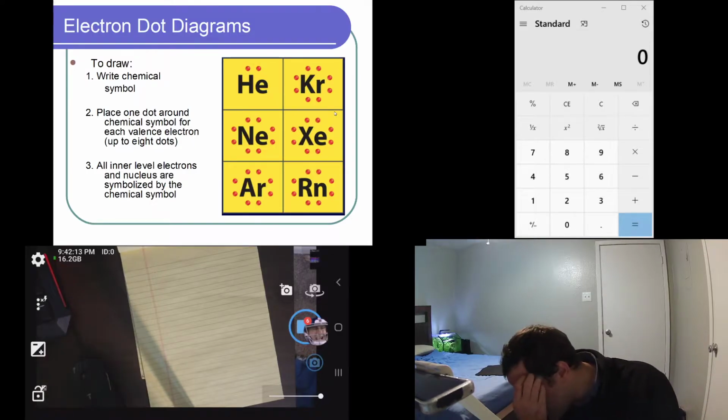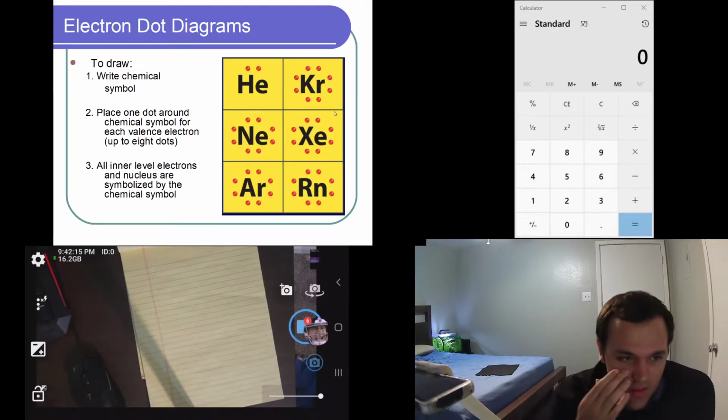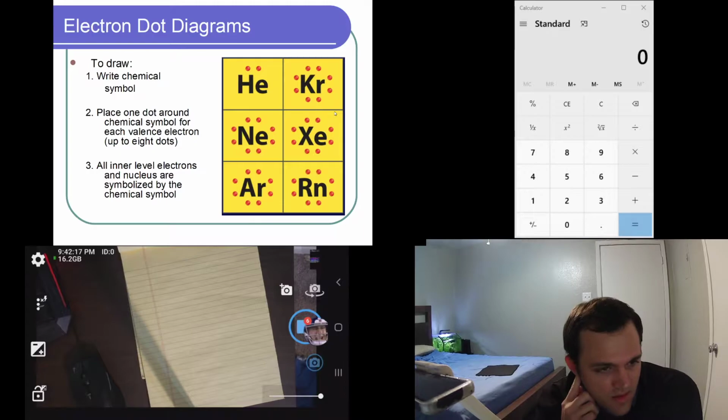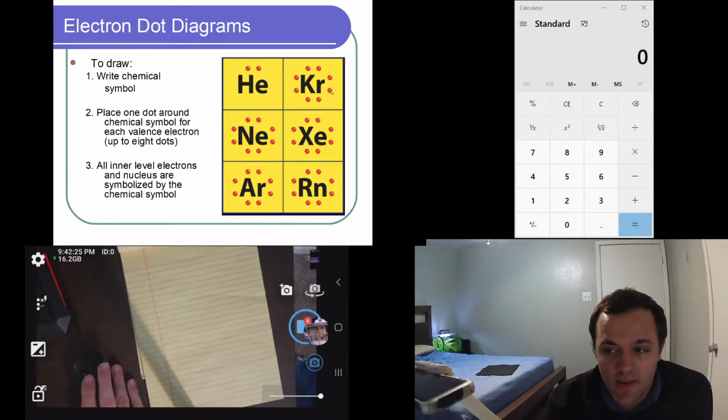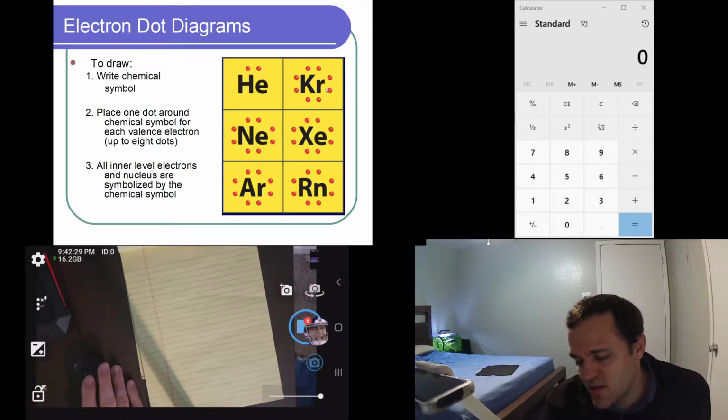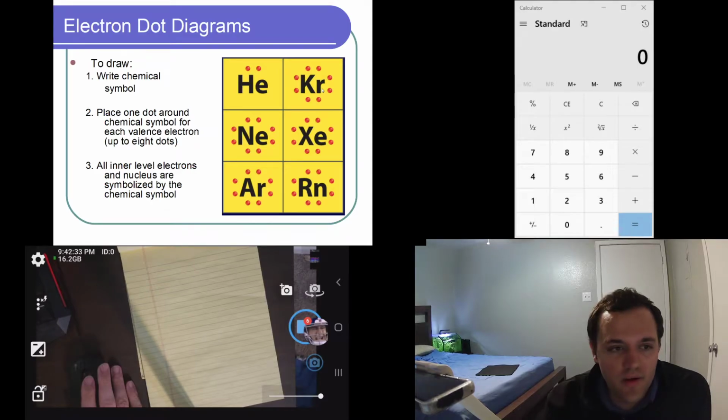Alright, and to make your electron dot diagrams, they're pretty simple. All it is is the symbol for the atom, so the letters off the periodic table, with dots around it to represent how many valence electrons there are. We don't care about how many total electrons there are, or how many protons or neutrons or anything like that. All we care about is the number of valence electrons they have.